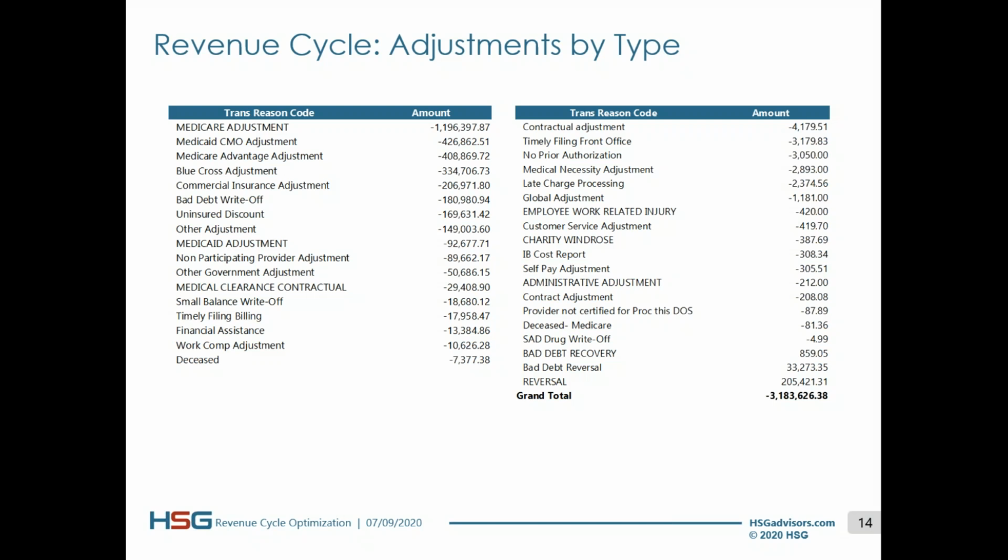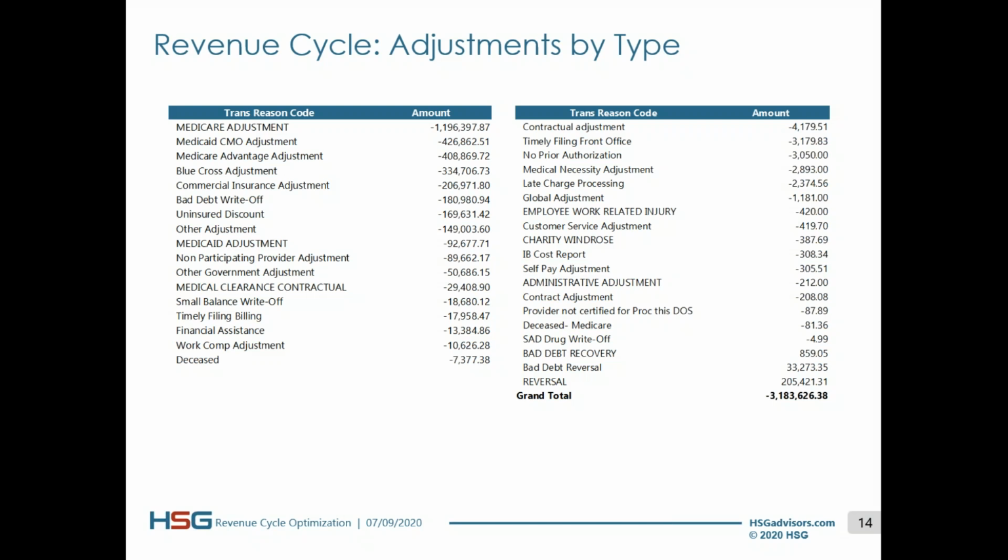If we've got a high Medicare payer mix, then it would be logical that our Medicare adjustment is at the top of the list. We've got a high Blue Cross payer mix, so it would make sense that Blue Cross contractual adjustments are at the top of the list. But does it make sense that our bad debt write-off is also up there?